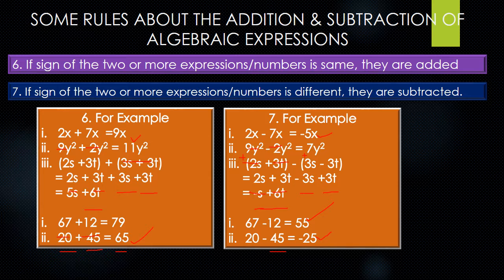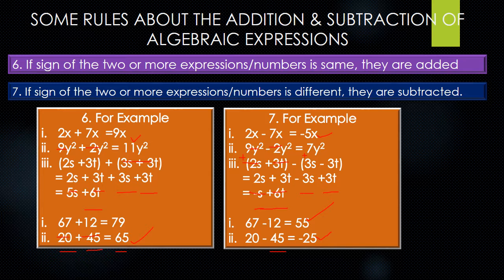From the higher value coefficient I will subtract the lower value coefficient. Subtracting 2 from 9, I get 7. The sign of the higher term will be put in the answer. The higher term is 9 and its sign is positive, so here I have put a positive sign.